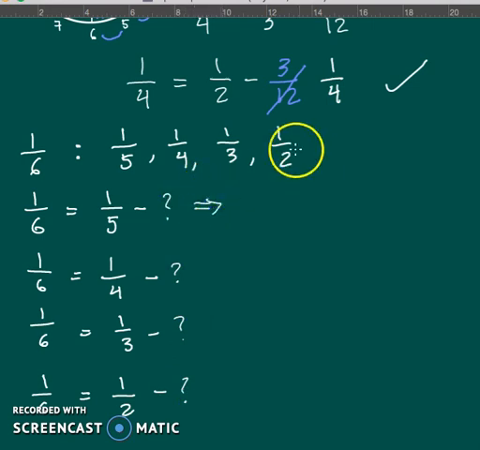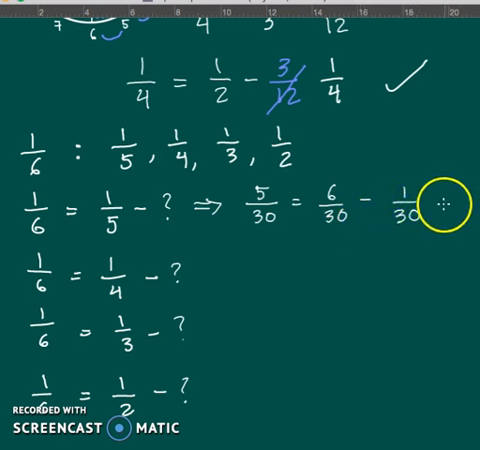Now instead of 1/6, I'm going to write 5/30. Instead of 1/5, I'm going to write 6/30. And I know that their difference is, what I mean to write here is 6/30 minus what is 5/30? Well, it's 1/30. Okay, that's a unit fraction.